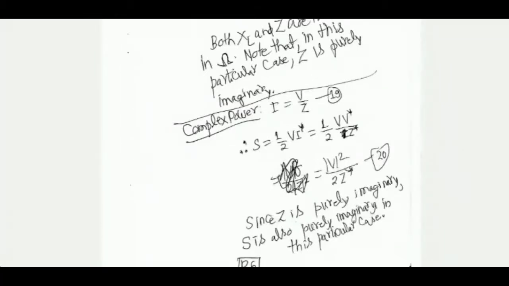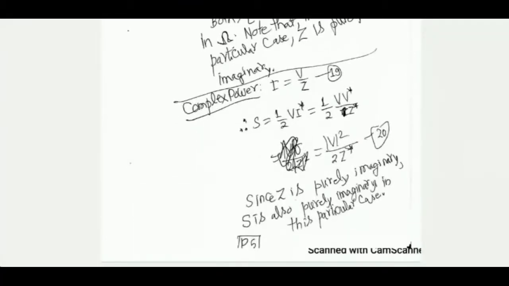So half into, remember I is V upon Z. So complex conjugate of V divided by Z will be V complex conjugate divided by Z complex conjugate. And V multiplied by V complex conjugate gives you magnitude of V square. So S turns out to be as given by equation 20.